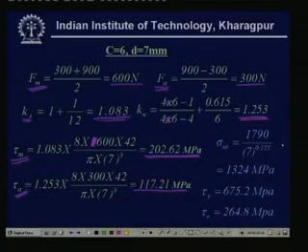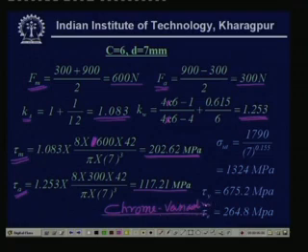So, here we choose a material, let it be chrome vanadium.